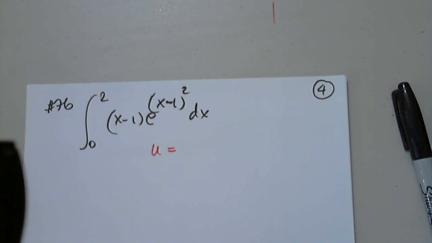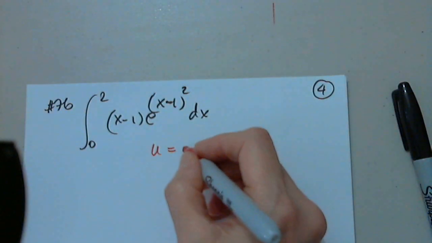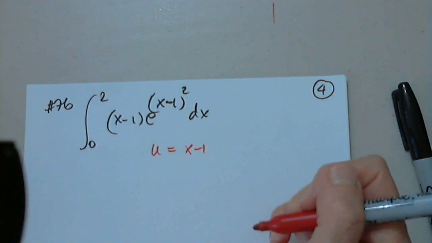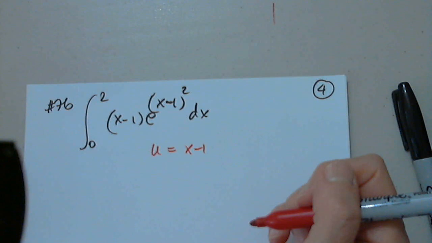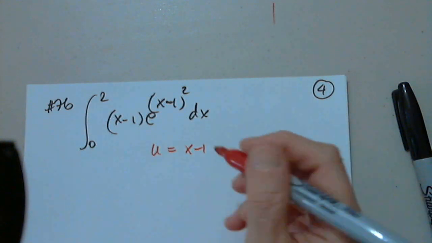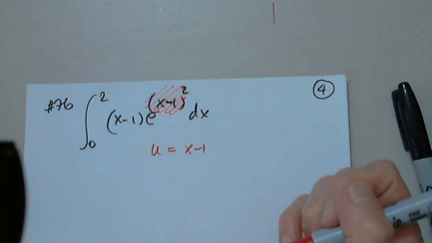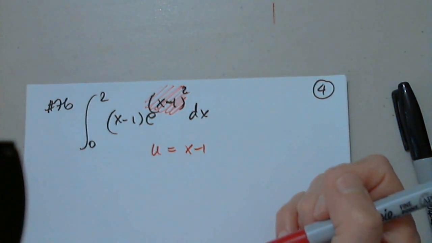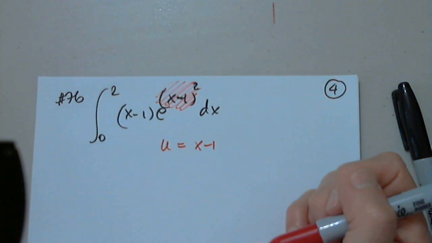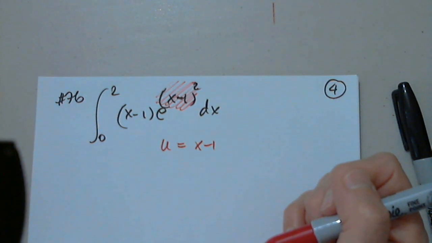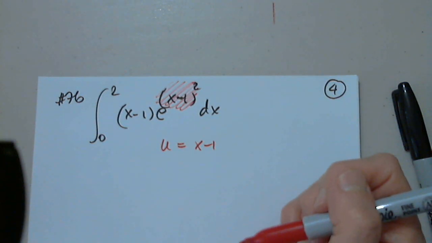So I made u equal x minus 1. That's not going to work. No, it didn't. So why don't you take the whole thing? Because that's what we did with the other example. When I took the differential, it looked like it was making it harder, so I stopped.